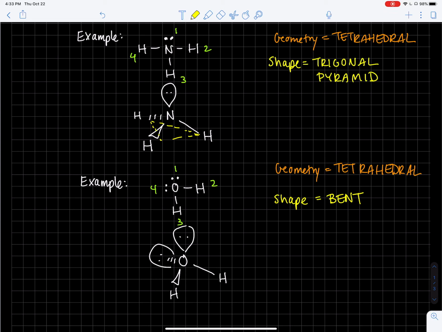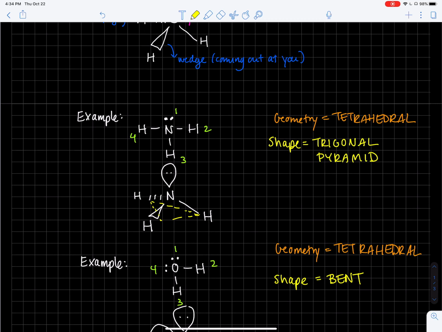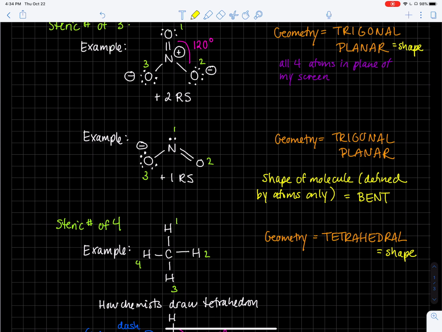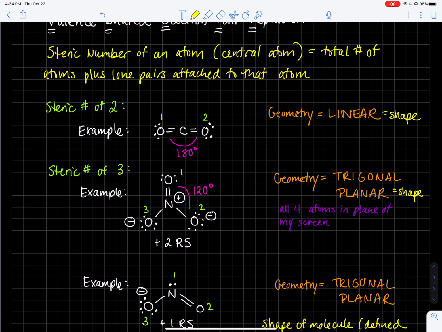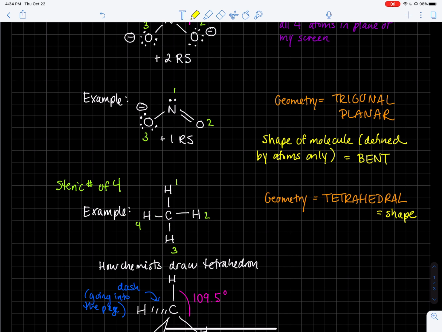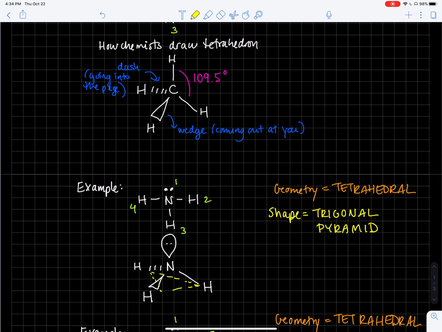And so we use the same name for 2 shapes that are actually not quite the same in terms of angles, but they are both bent. So really what we care about in those shapes is, for a molecule with two atoms on it, is it bent like water or nitrite, or is it linear like CO2? All right, so those are the steric numbers of 2, 3, and 4.